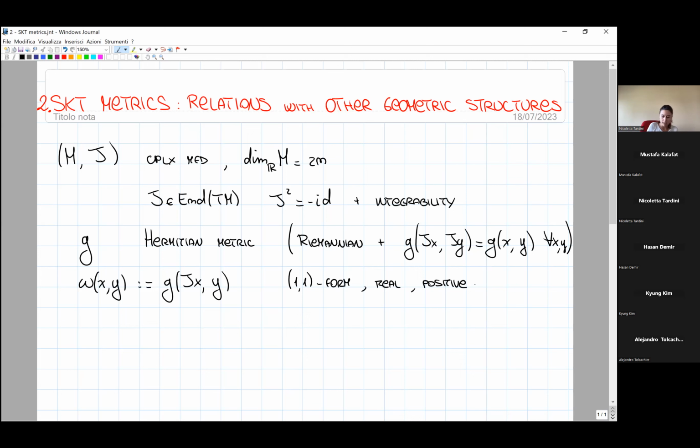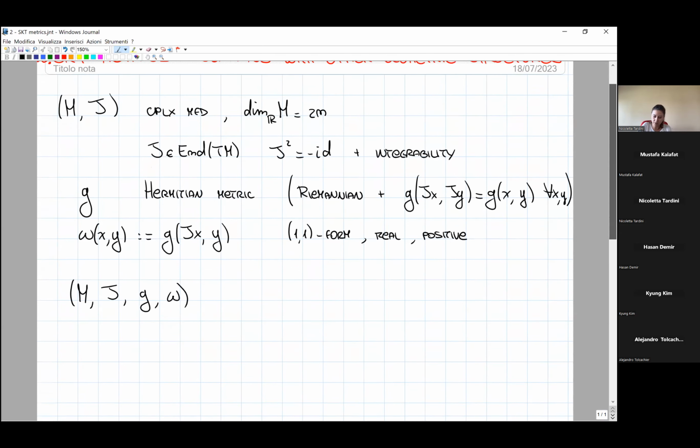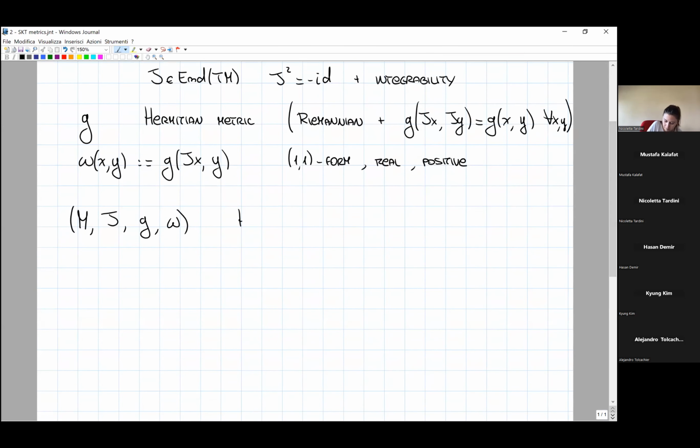Okay, so a Hermitian manifold is given by a smooth manifold, a complex structure J, this Hermitian metric g, and the fundamental form omega.